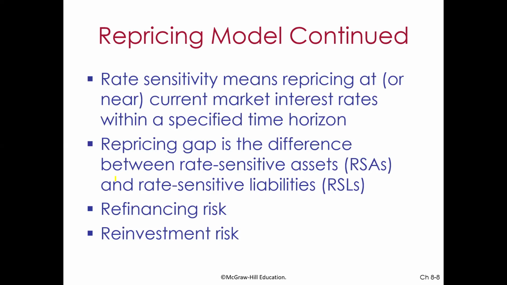Each of these maturity buckets will include similar maturity assets and liabilities. Under the repricing model, the manager will calculate the difference between the assets and liabilities in each maturity bucket, and that will facilitate an estimation of how interest rate changes will affect the net interest income. So that's what the repricing model is all about.